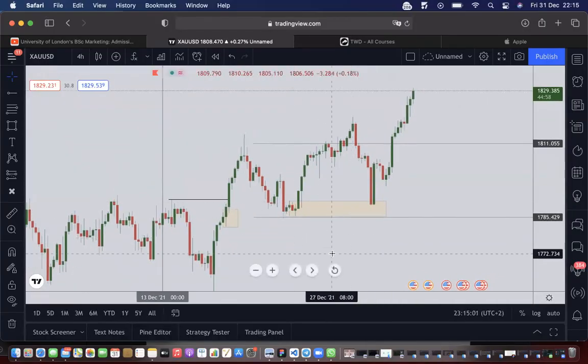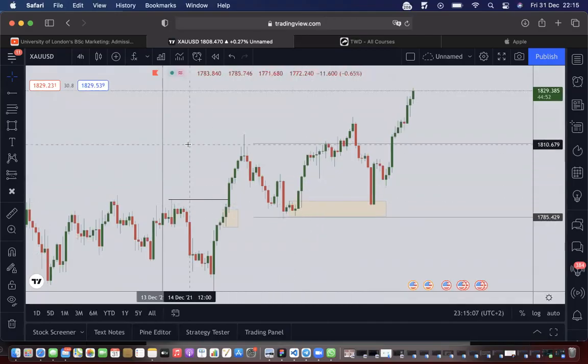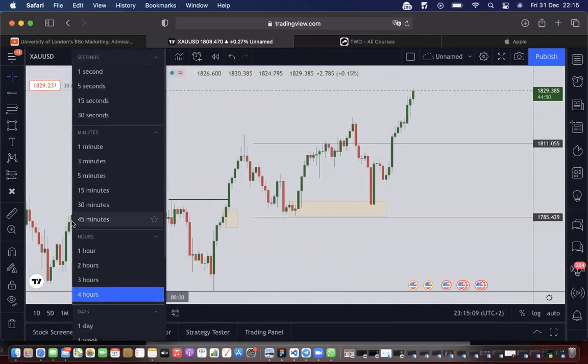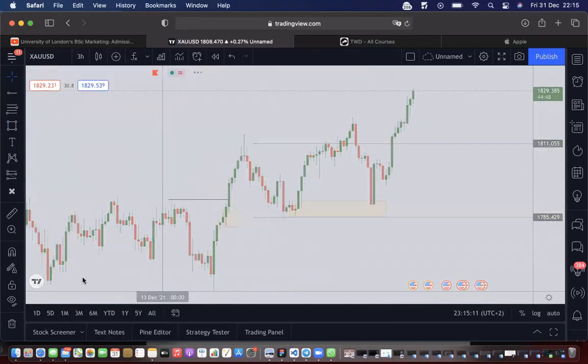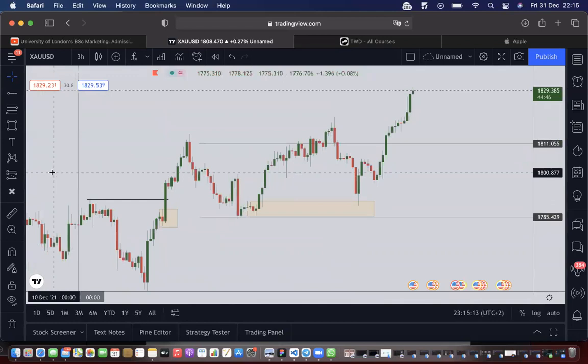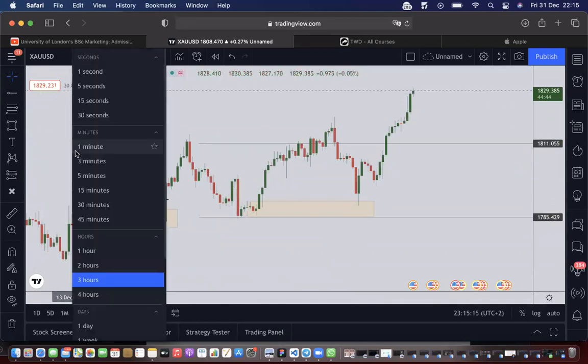So, what if there's another block before the zone that the market expected? Yeah, there must be another block. Exactly. So let's move to lower time frame and see exactly how price reacts.